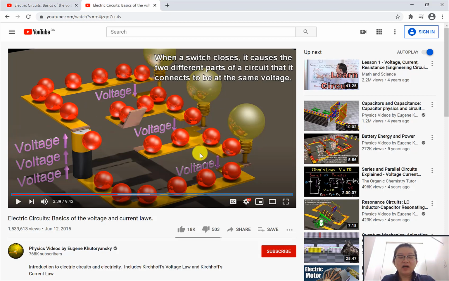But in each of these cases, notice it's the same current that's going around the circuit. Ignore that, that's broken there. But essentially, if you take a look at every time all of these little charges going across the circuit, they have to go through each light bulb, essentially.